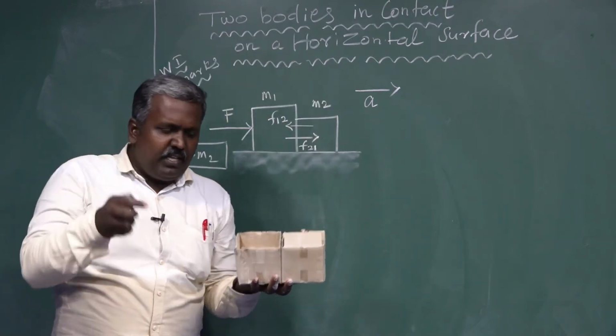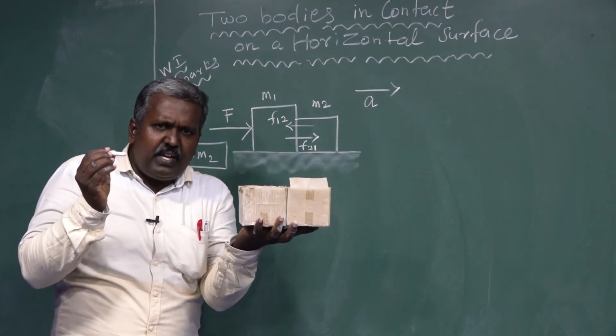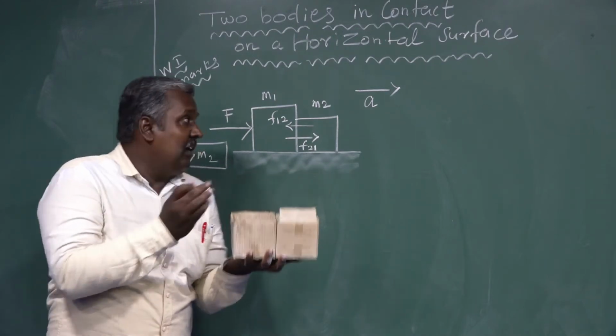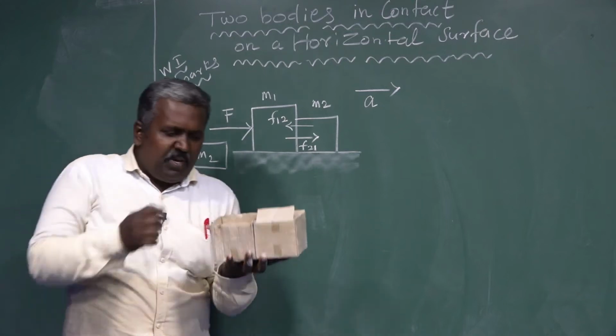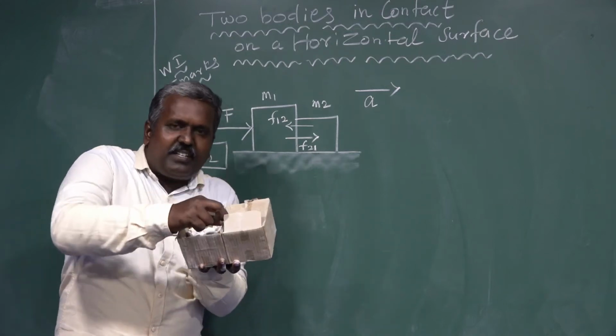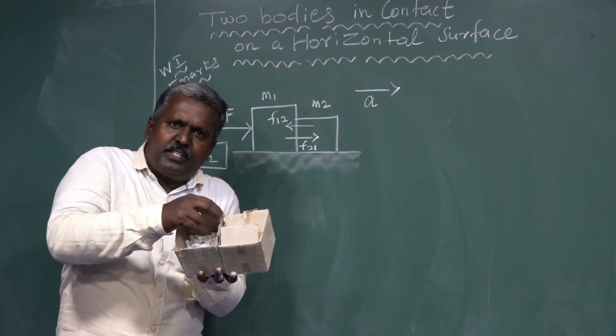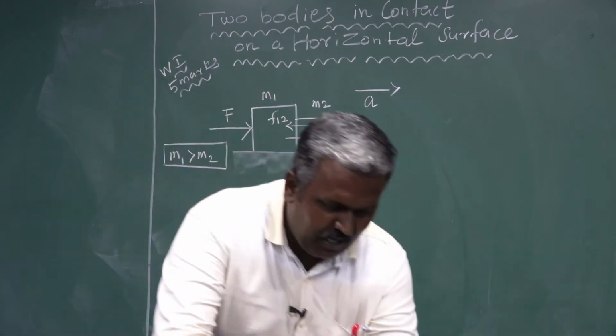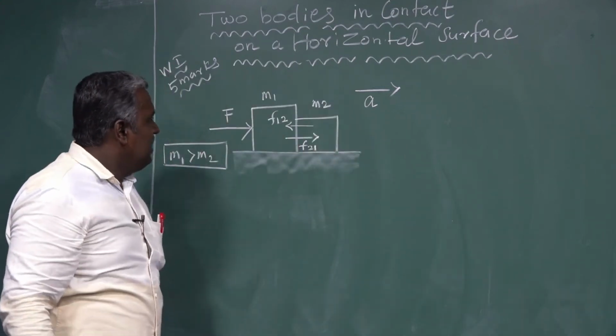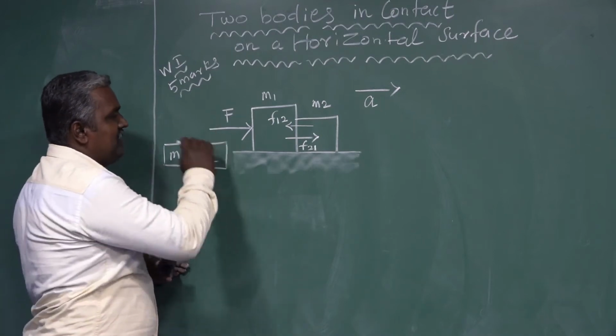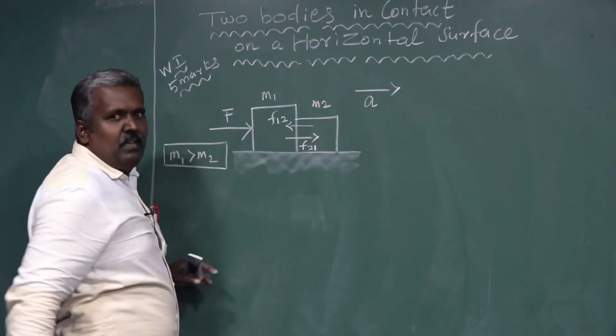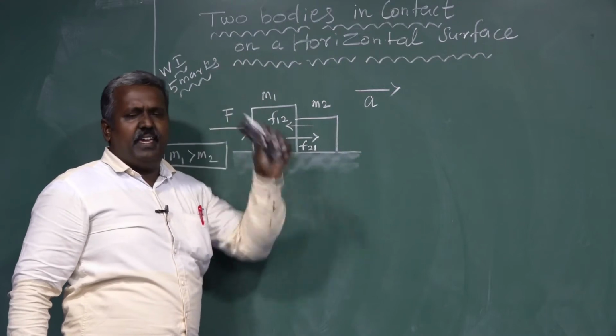But keep in mind one thing: the horizontal force capital F acts only on M1, but M1 and M2 are in contact at this point. By the application of F, this system accelerates with acceleration a.